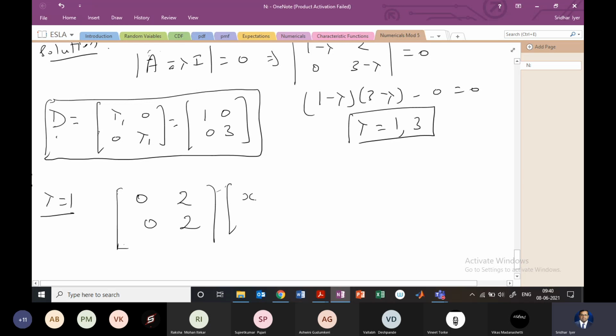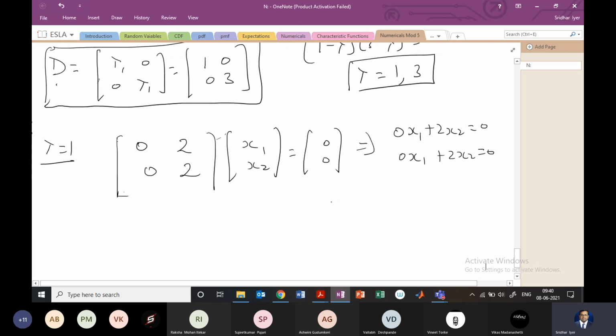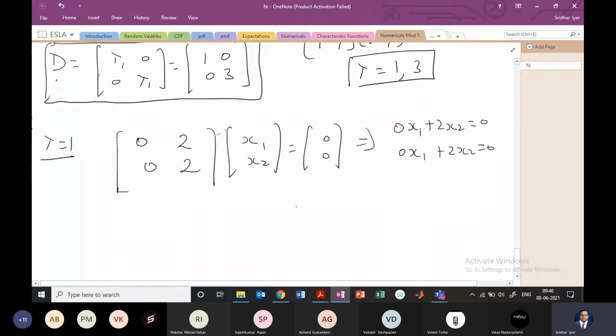And then you have two values x1 and x2 equal to 0 and 0. So from here you get 0x1 plus 2x2 equal to 0. Therefore, we get x2 as 0. So the vector x1 will have x1 with a value 1 and x2 with a value 0.